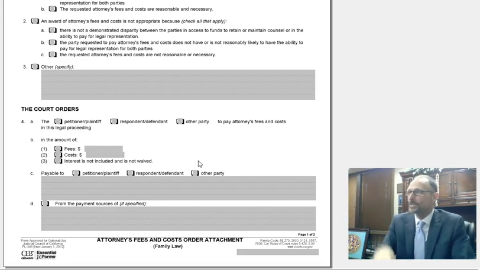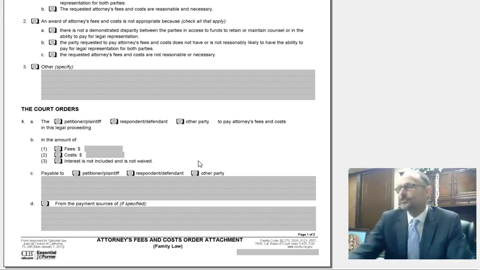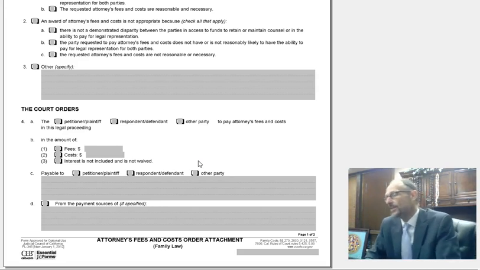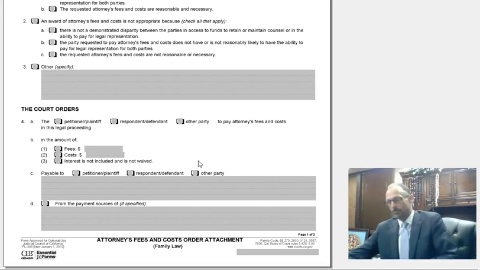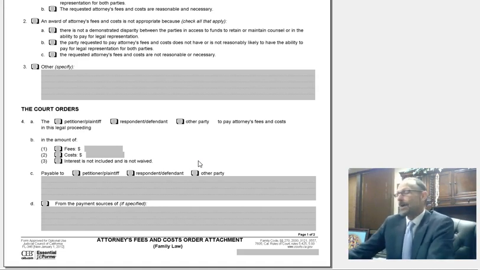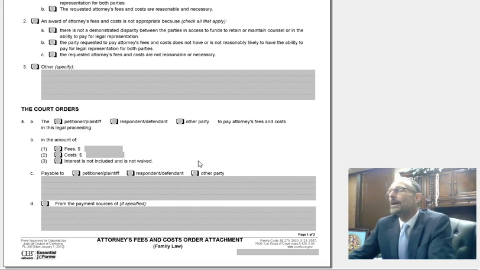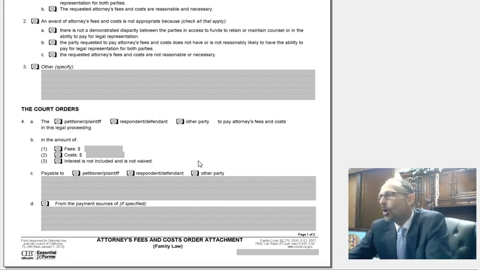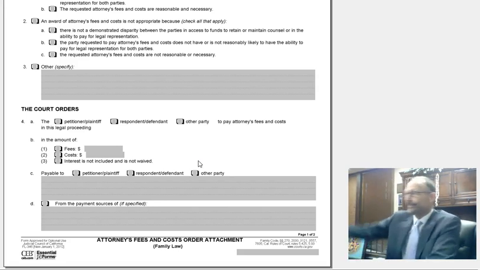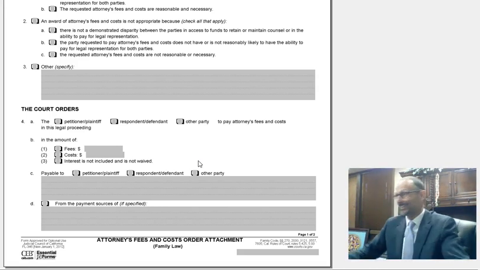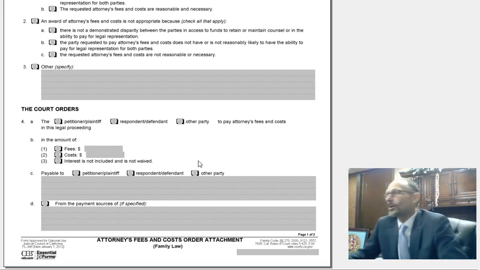So when you're asking for attorney's fees, you're going to want to say, look, there's $36,000 in this account. There's a 401k from which we can borrow money in the amount of $136,000 or $2.4 million. I don't know. I don't care. But whatever it is, you're going to want to show something more than he's got a $30,000 Visa card, or he's got a black Amex card that has no limit.